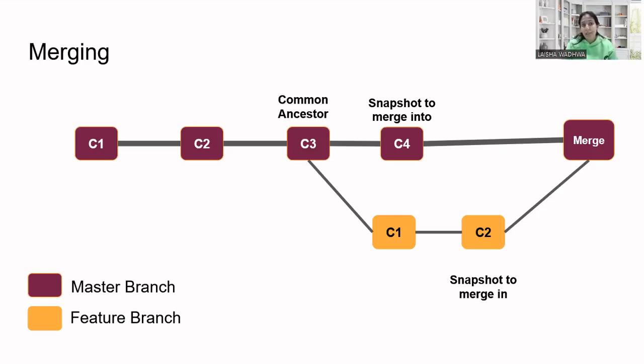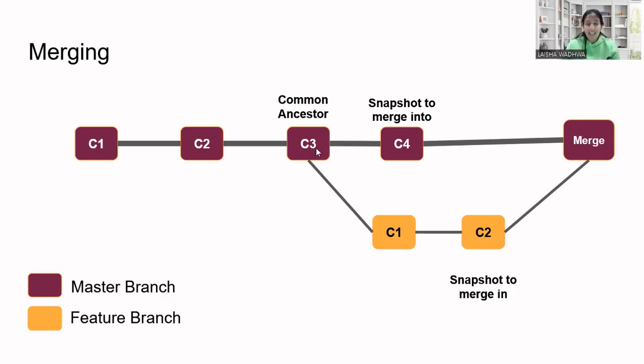If we take the example of what we were seeing so far, we had a master branch, we had a feature branch, and we also had another hotfix branch. Now, if at this particular point, we are trying to merge this feature branch into my master branch, what exactly is going to happen? Currently there is another commit that has been added into my master branch after I created this new branch. What happens internally when we merge two branches is that it looks at the common ancestor, which is nothing but the common commit that happened before the current status.